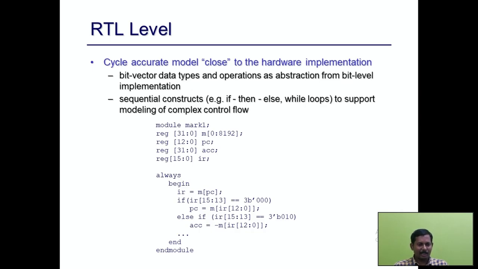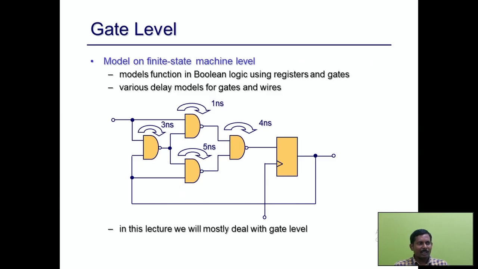So this is present in the RTL level. RTL means register transfer logic level. Next one is gate level. In this, we consider the exact logic gates which fulfill the Boolean functions.